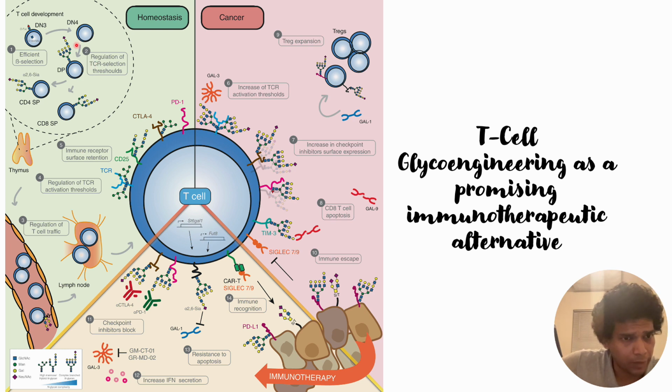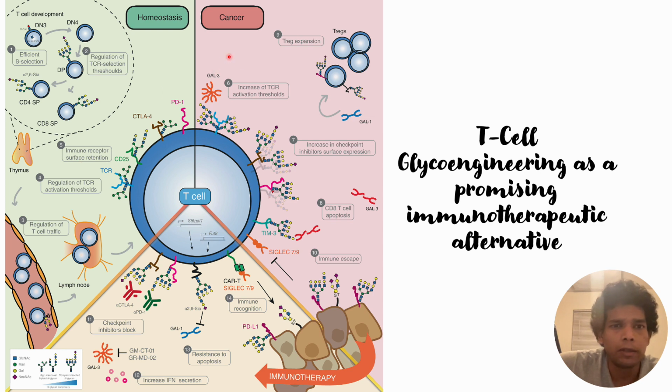The TCR is the receptor of the T cells, and CD25 is another immune cell marker, and CTLA4 is also another variant of the T cells. So this is how the functioning in the normal case occurs.